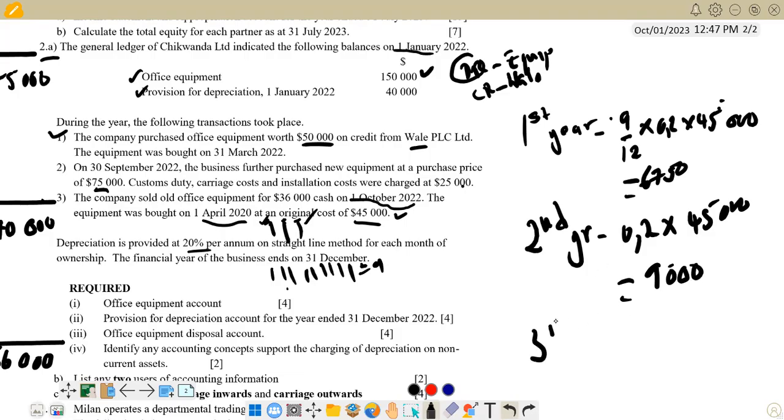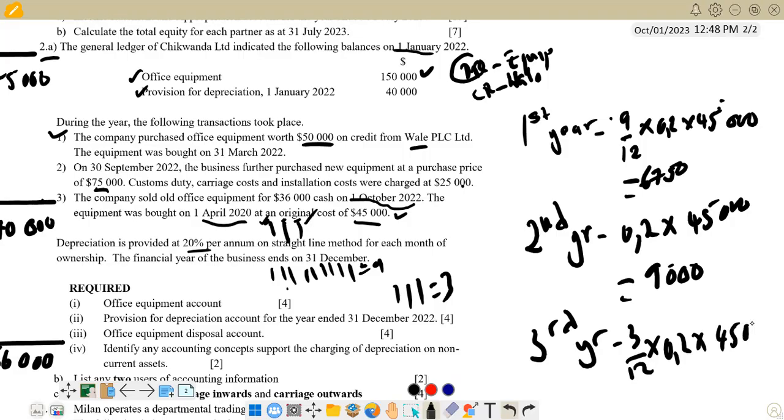Then we go to the third year. In the third year, we are told that it was sold on 1 October, so it stayed October, November, December. So it stayed 3 months. We are going to say 3 over 12 times 0.2, then we multiply by 45,000.